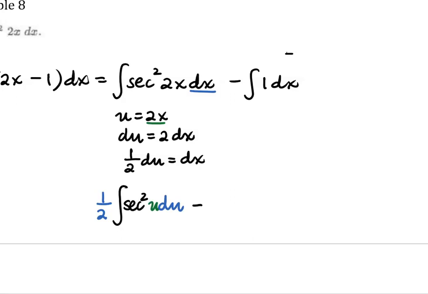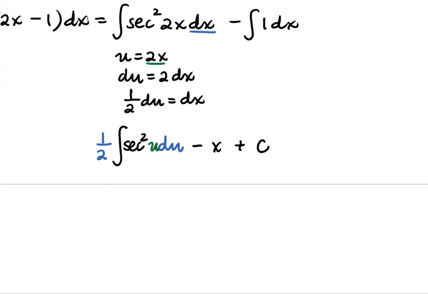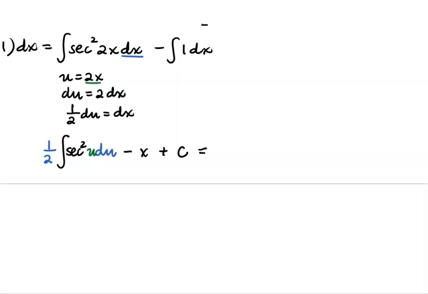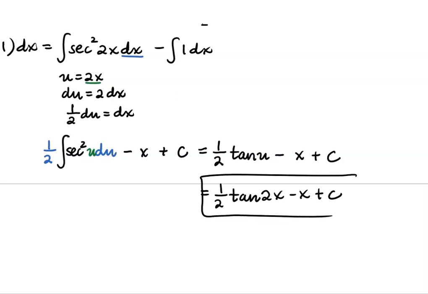And that last integral, the integral of 1 is just x, and then I'll add my plus c. So finishing up this integral, we have the 1/2 in front. The integral of secant squared is tan u, and then I'll keep that minus x plus c. And the last thing I'll do is sub back in what u is into tangent. u is 2x. And then that gives us our final answer.